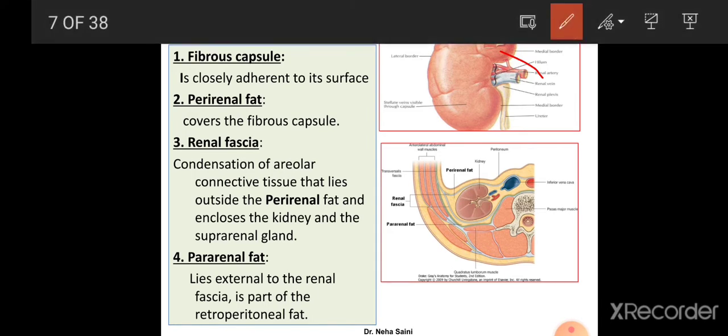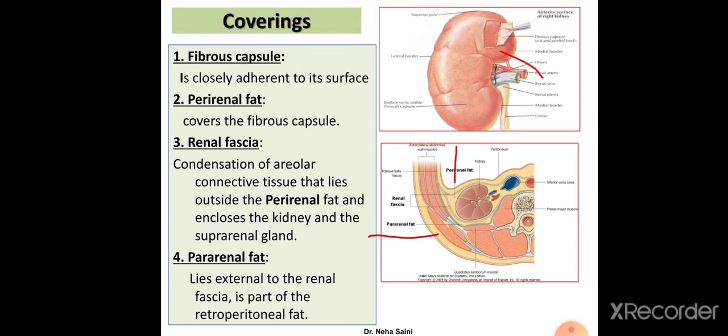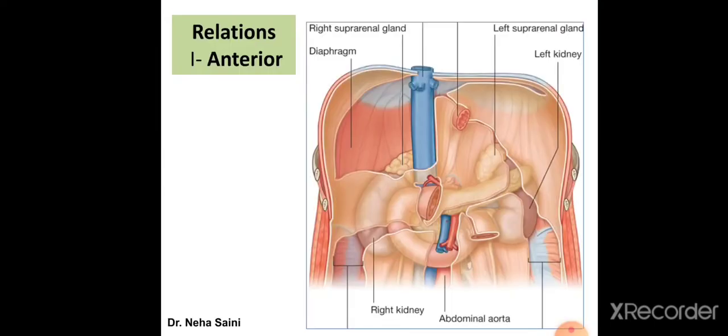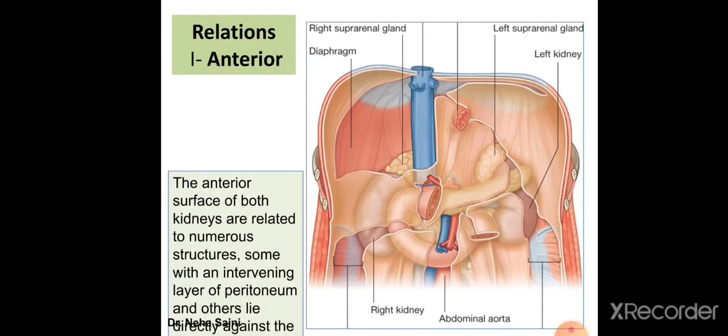In the diagram we can see the perirenal and the pararenal fat. These last three structures, that is the perirenal fat, renal fascia and pararenal fat, hold the kidney in position.